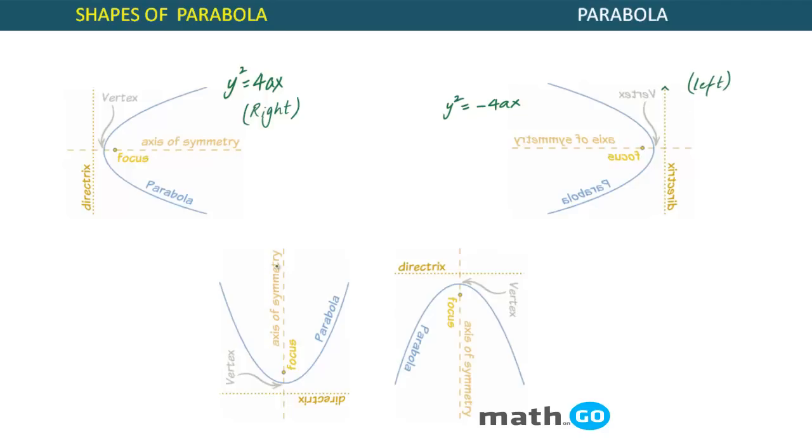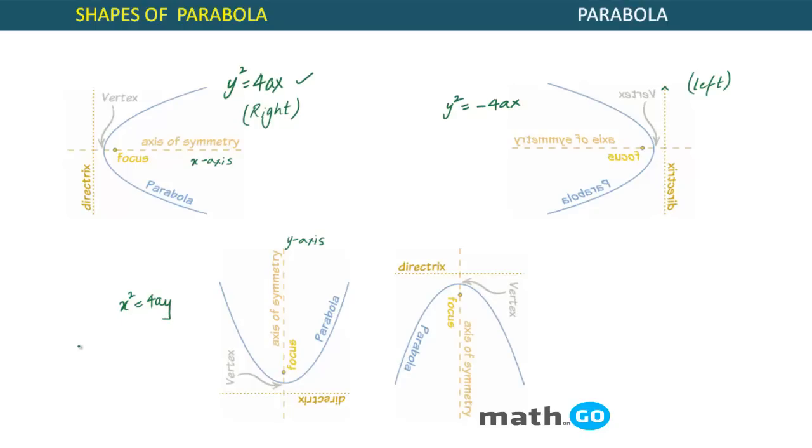Also, the axis of symmetry here was the x-axis, right? It could also be the y-axis. So if the y-axis is the axis of symmetry, then the parabola is written as x square equal to 4ay. How do you remember this? The role of the axes is being swapped. Earlier it was x, now it is y. So in this particular equation, just swap x and y, and you will get x square equal to 4ay.